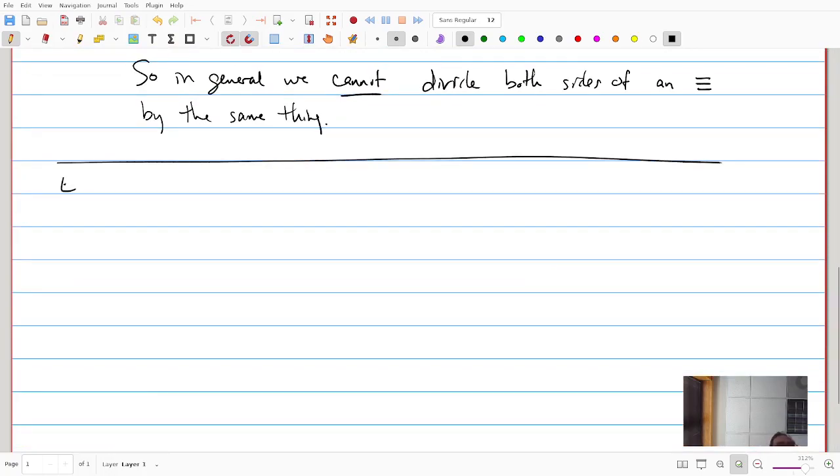All right, so I want to do an example where I'm going to solve an equation, except it's not with equals, it's with modular equivalence.